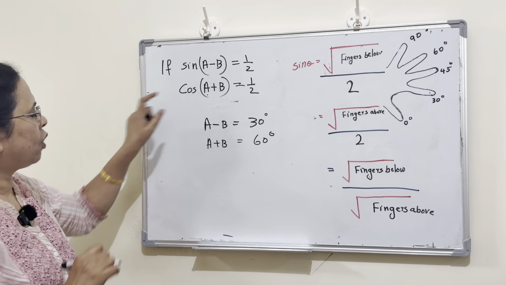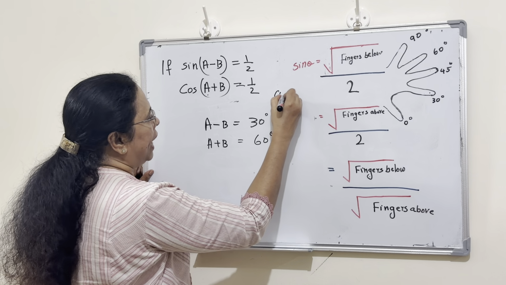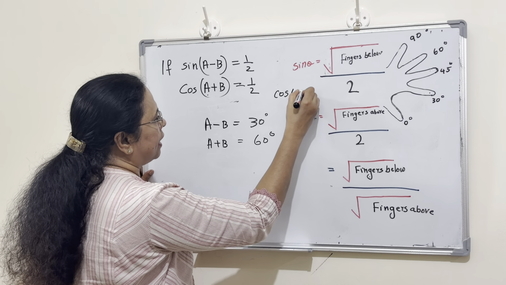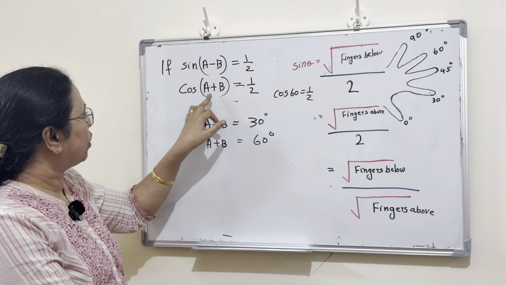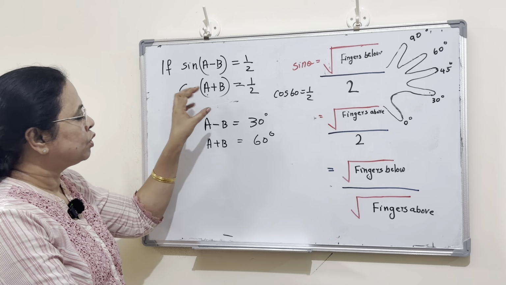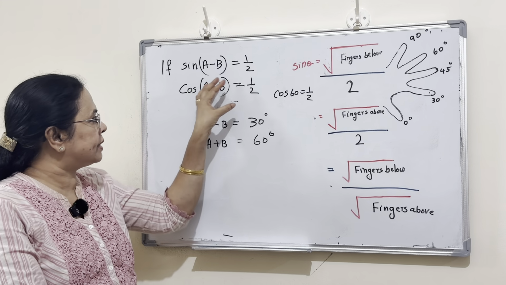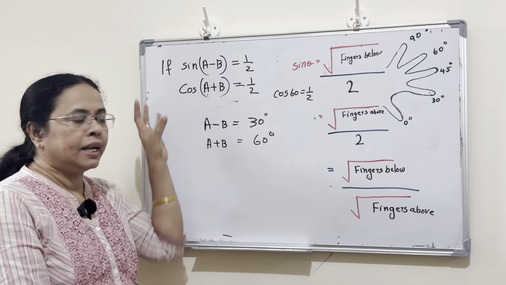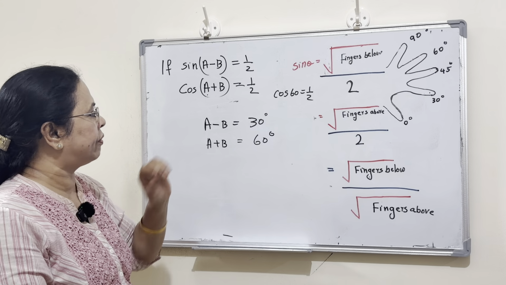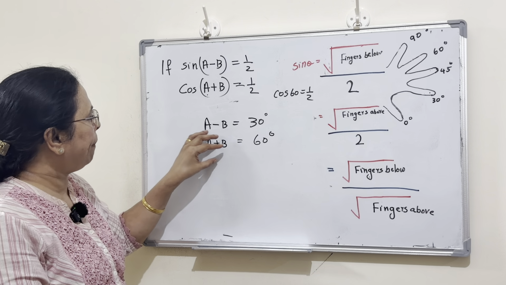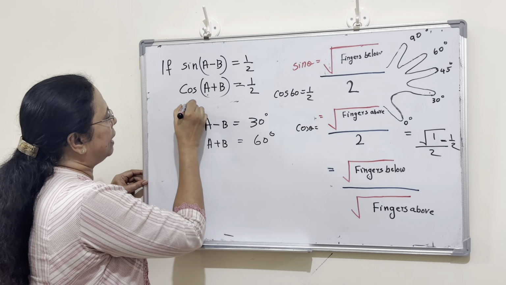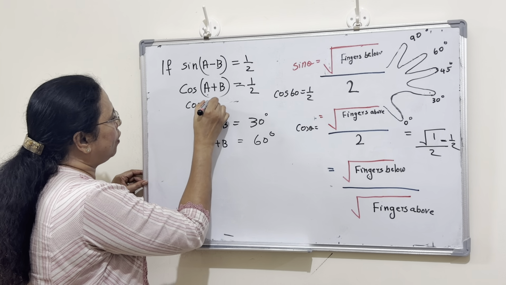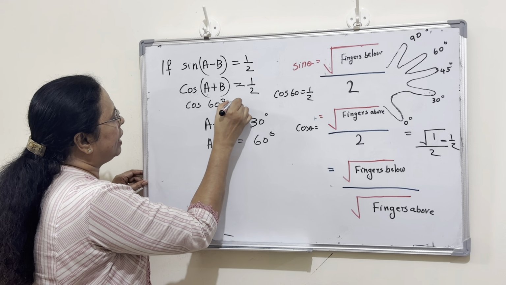Cos 60, cosine of angle 60, is how much? Half, right? So after cosine something is written, that should be an angle. That angle is giving half, that is a ratio. So A plus B should be 60 degree. That means cosine of 60 degree will give you half.